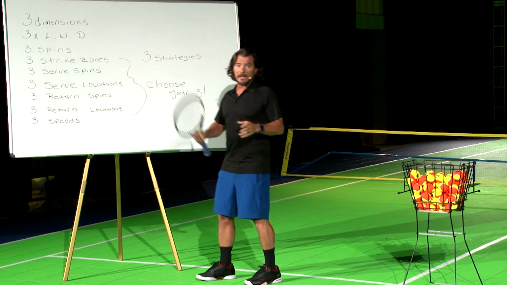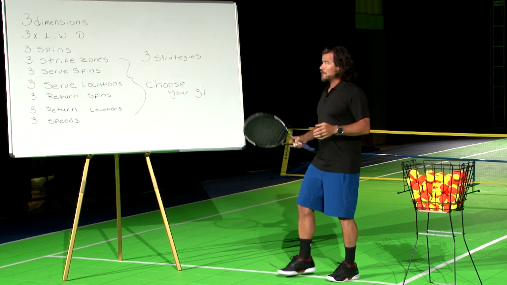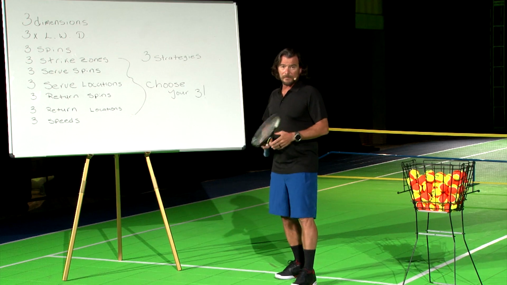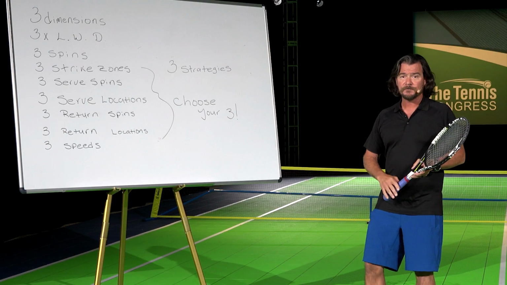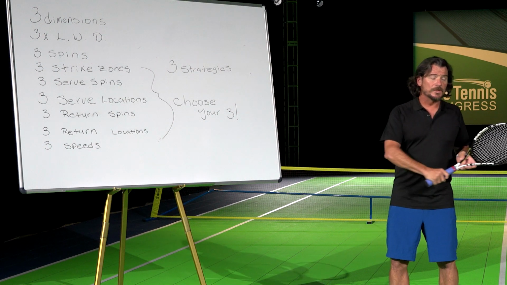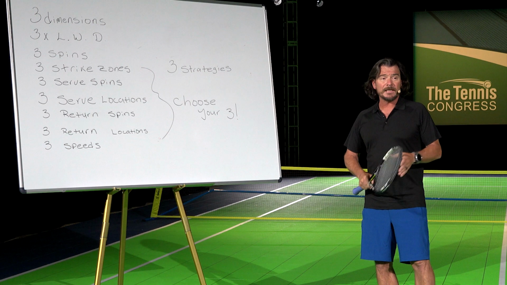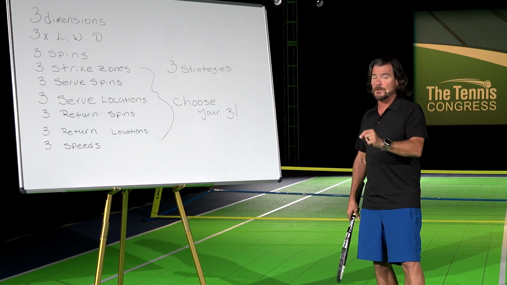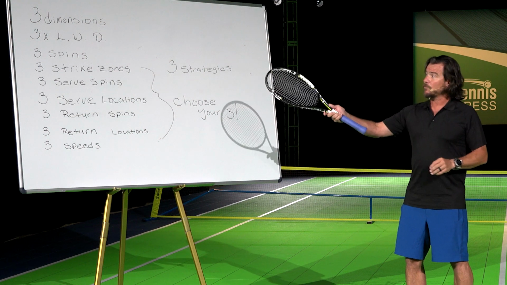In your length and your width and your depth and your height are a variety of spins you can choose from. You can choose top, you can choose flat, you can choose slice or underspin. The variety is up to you, but the choices are still simple. There's just 3 things to choose from, and on we go.